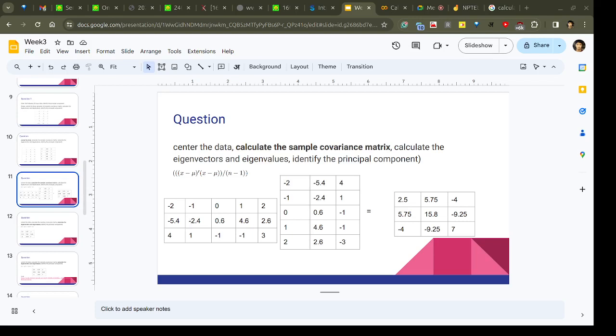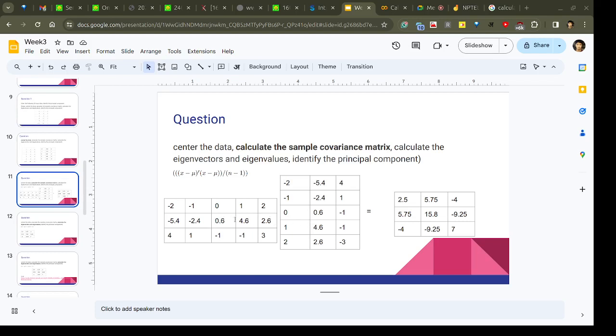So suppose we are calculating this, how to calculate it? Minus 5.4 into this one, minus 2, plus minus 2.4 into minus 1. Please let me know if I am making any mistake in the multiplication.